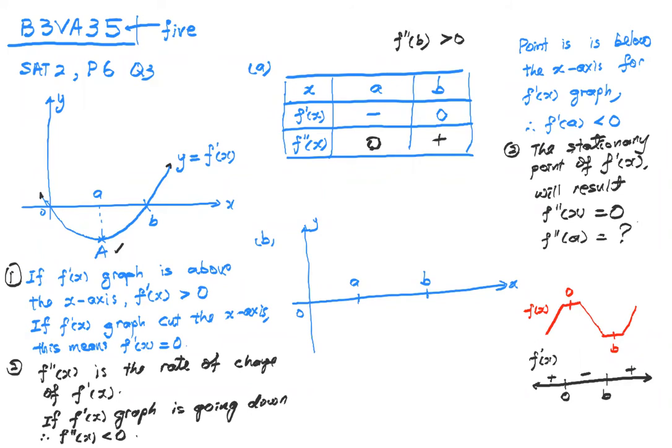If you have a look at this one, actually you don't have to draw the f double prime x sign diagram because the shape is quite obvious. If I make a smooth curve, it should go like that. There is an inflection point someplace, and you have to go up. So this is my x equal to 0, and this is my x equal to b.